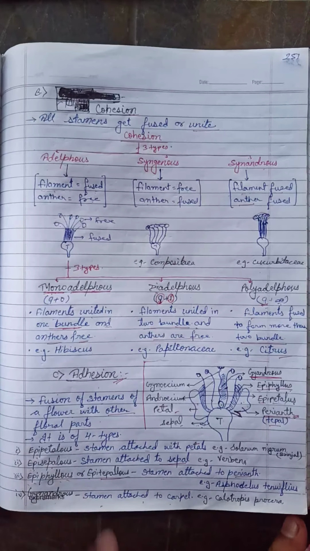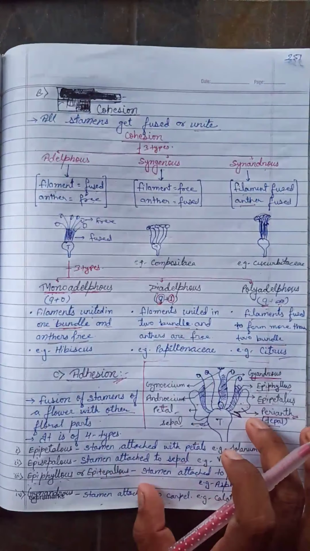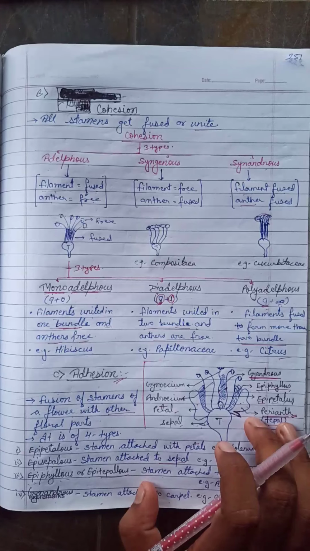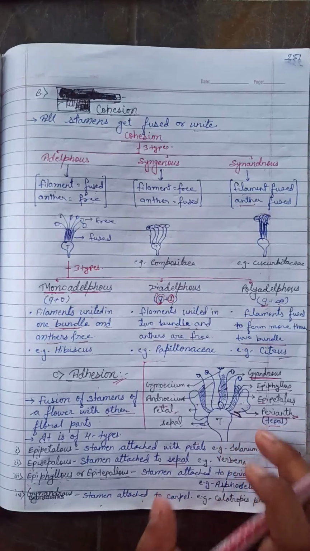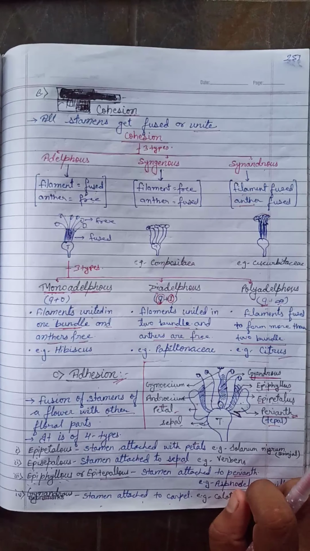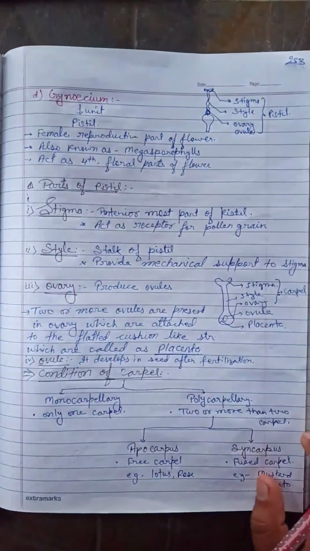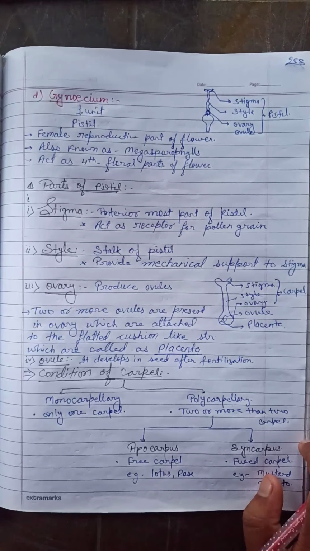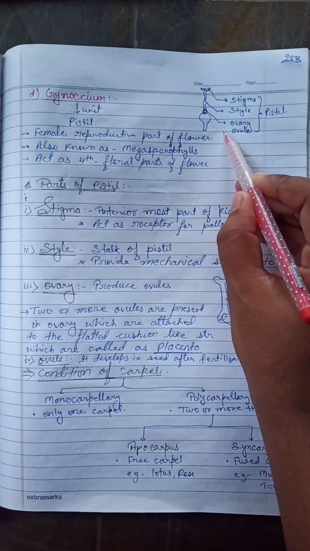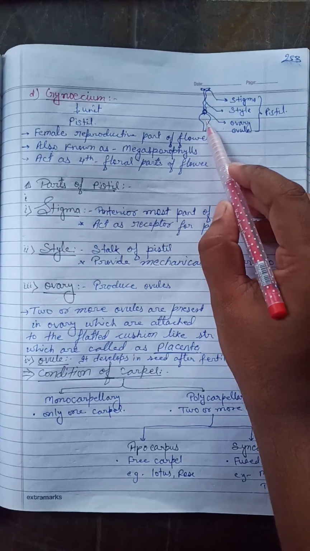Now, that was the study of the male reproductive organ, that is androecium. Now we are going to study the female reproductive part, that is gynoecium. Look here. This is the female reproductive part, that is gynoecium. This part is the thalamus.